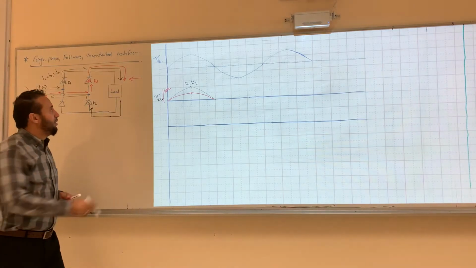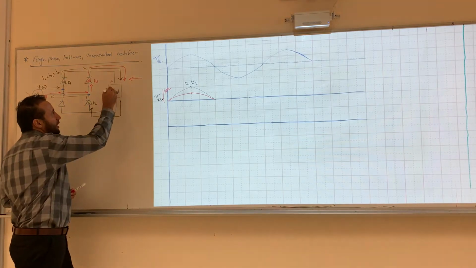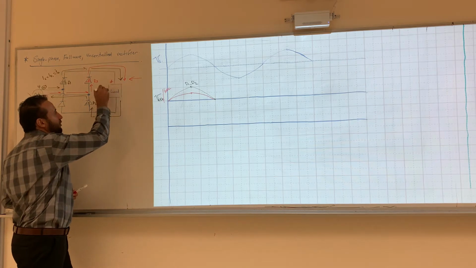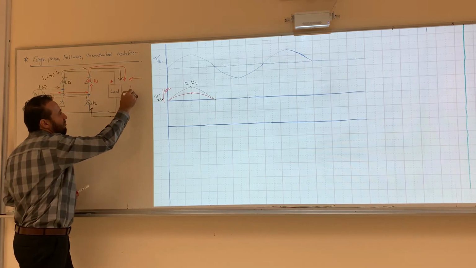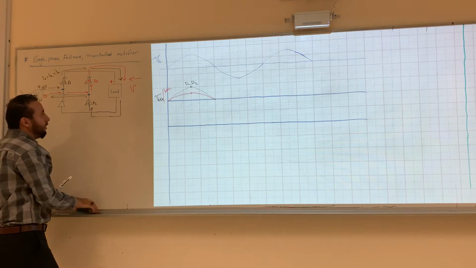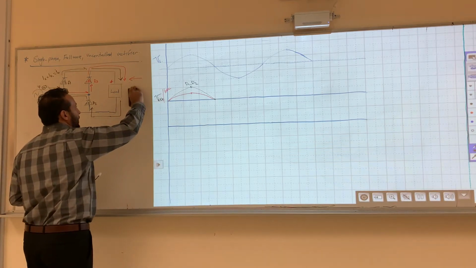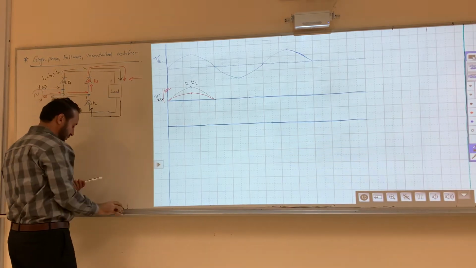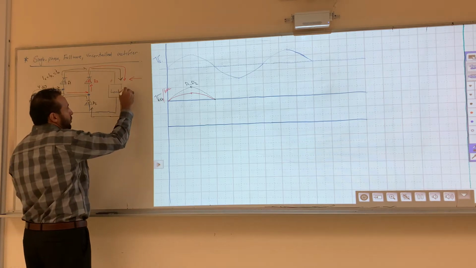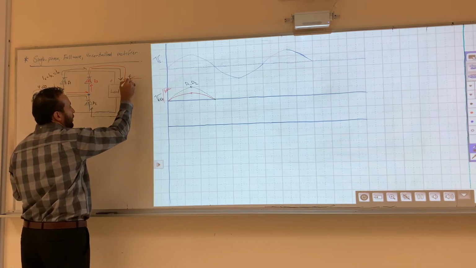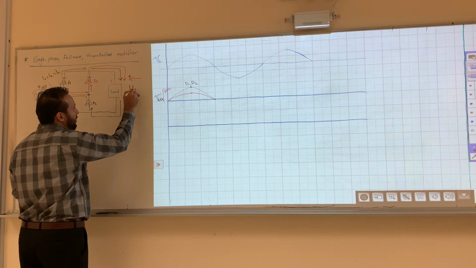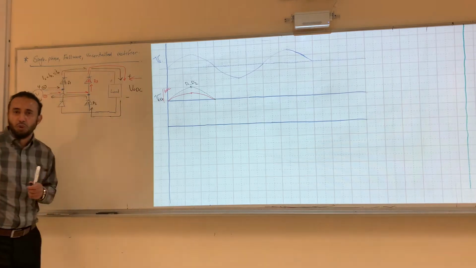This is positive, negative. I'm talking about the load V out. Let me use the black, since I am drawing the V out with the black. So this one here is positive, and this is negative, which is V out DC across the load.